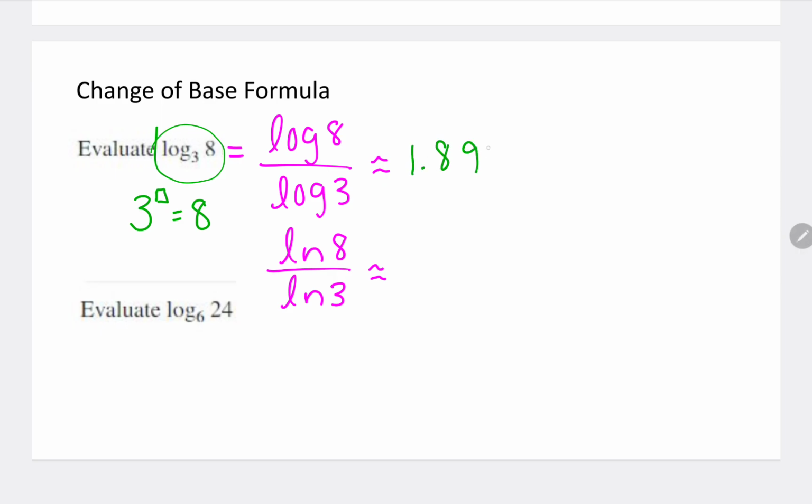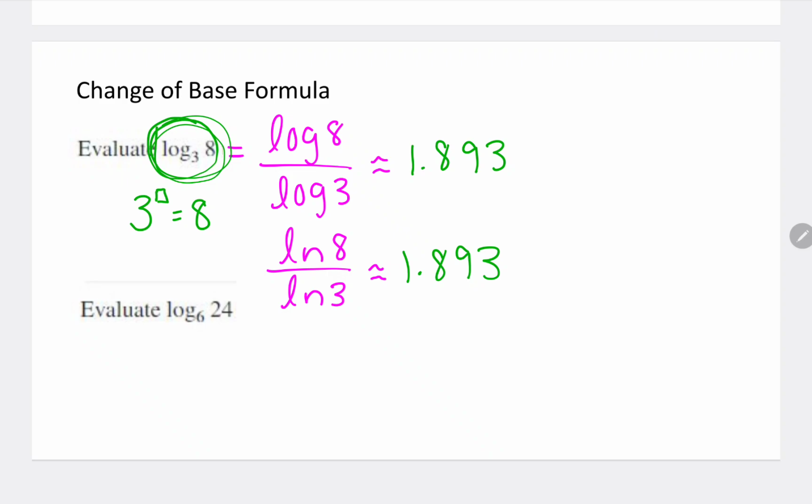We're going to do 3 decimals. And if you do ln of 8 divided by ln of 3, you get the same thing. So it doesn't matter whether you use the common log or the natural log, but this is a way to calculate logs that have a different base other than 10 or e.